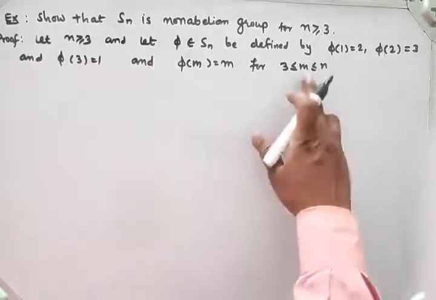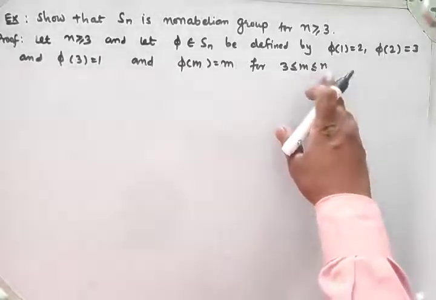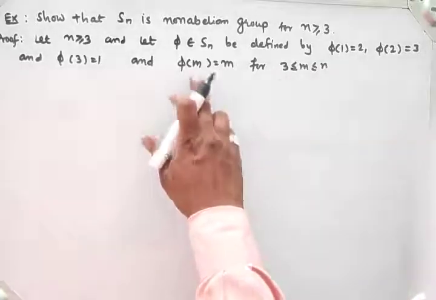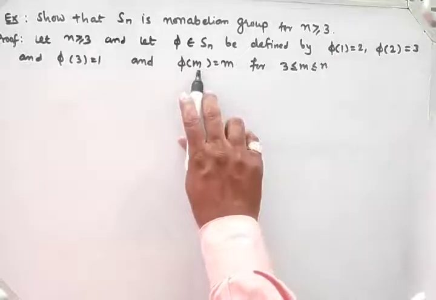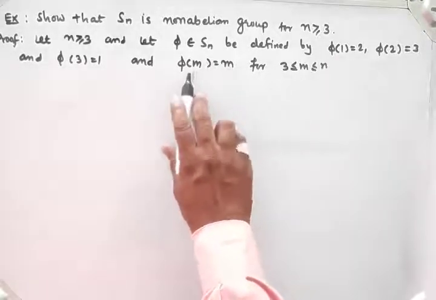So for n greater than or equal to 3, I get phi of 4 is equal to 4, phi of 5 is equal to 5, phi of 6 is equal to 6.